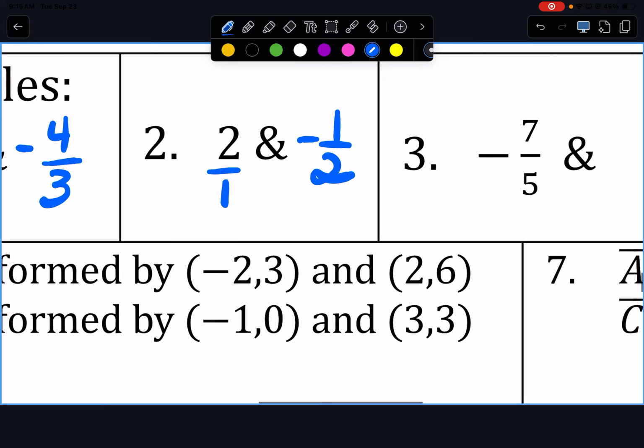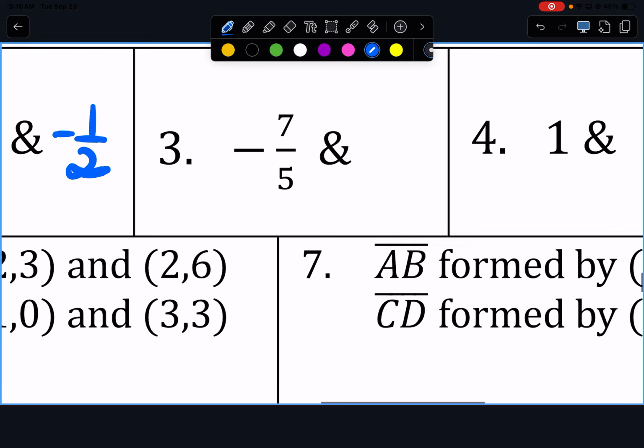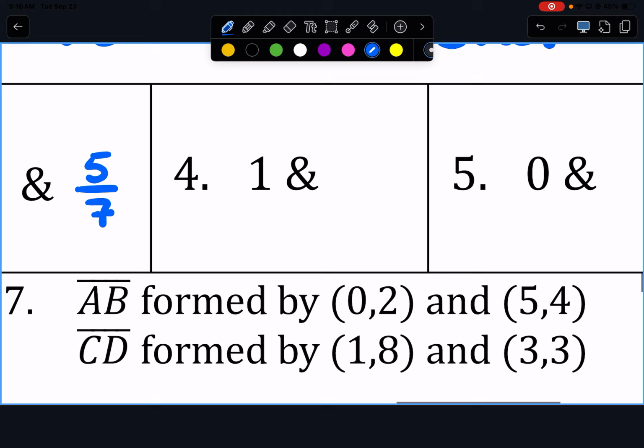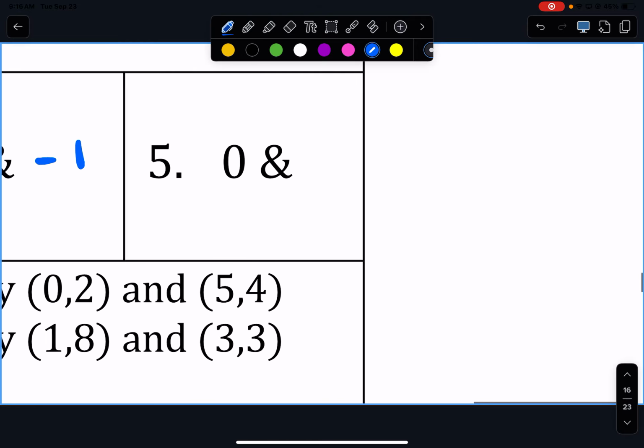Okay. For number 3, what would the negative reciprocal be of negative 7/5? Positive 5/7. Because we switch the sign, flip the fraction. Okay, for 4, what would be the negative reciprocal of 1? Negative 1.